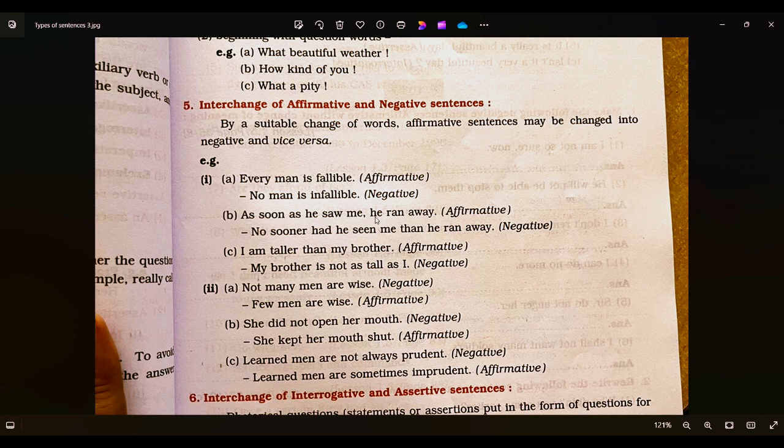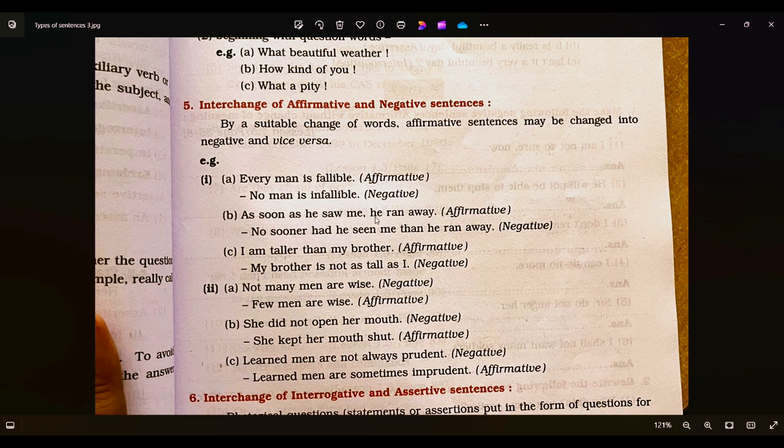But the instruction says that when you are changing into negative, the meaning should not change. So I have to take the opposite word of fallible, which is infallible. Very easy. You can use the prefix in and then you get the negative, opposite word. But this doesn't happen all the time. That's why you need to learn opposite words as well.